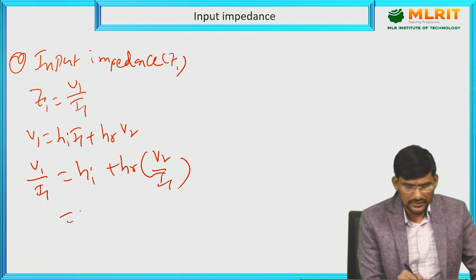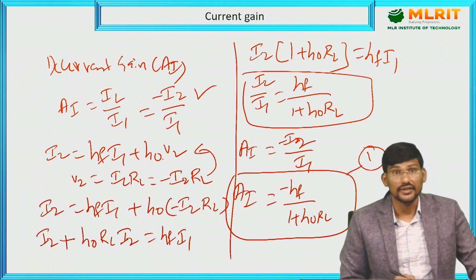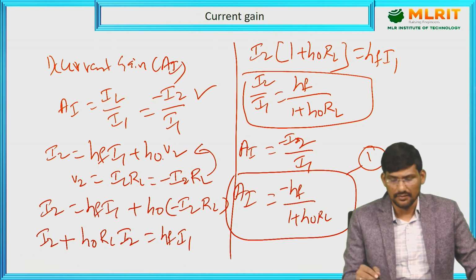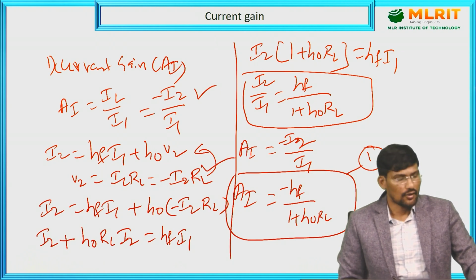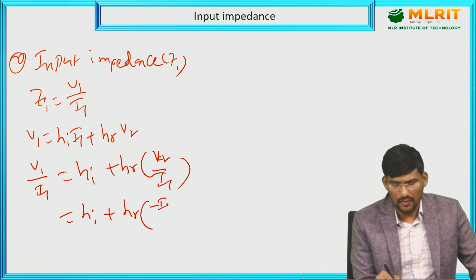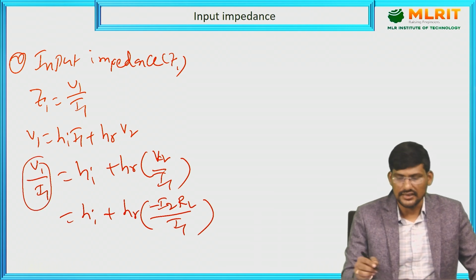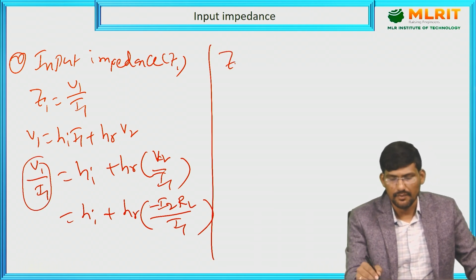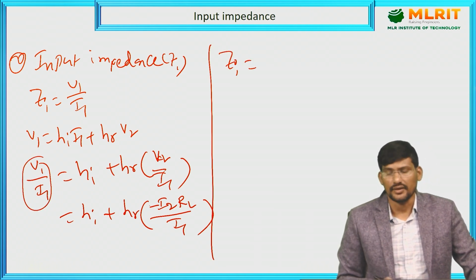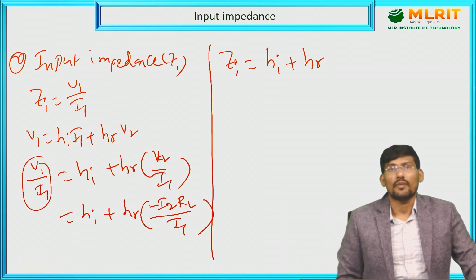Now what is V2? V2 is nothing but minus I2 RL, so V2 by I1 is equal to minus I2 into RL divided by I1. Now V1 by I1 is considered as the input impedance of the transistor amplifier, which is Hi plus HR, and already we know minus I2 by I1.